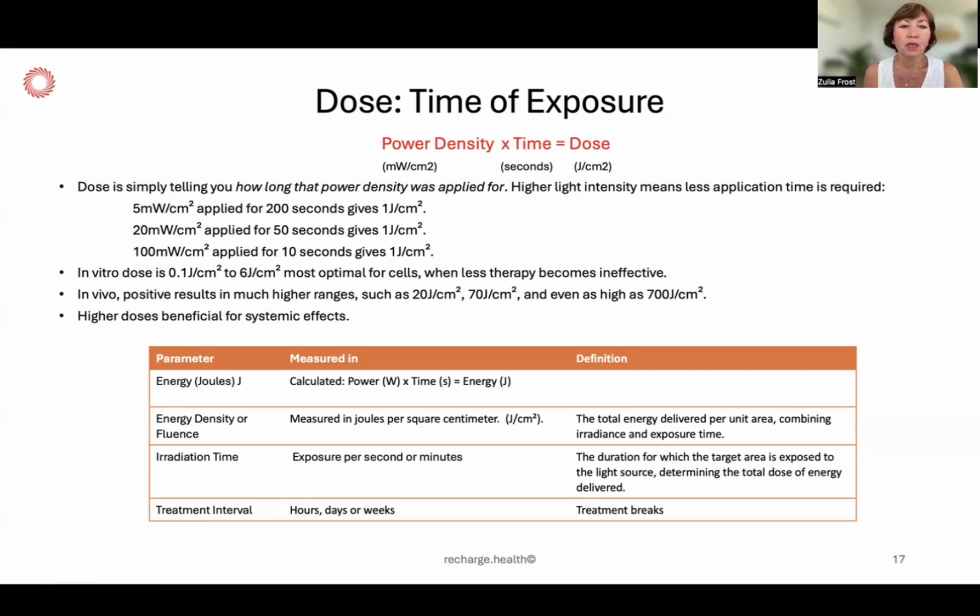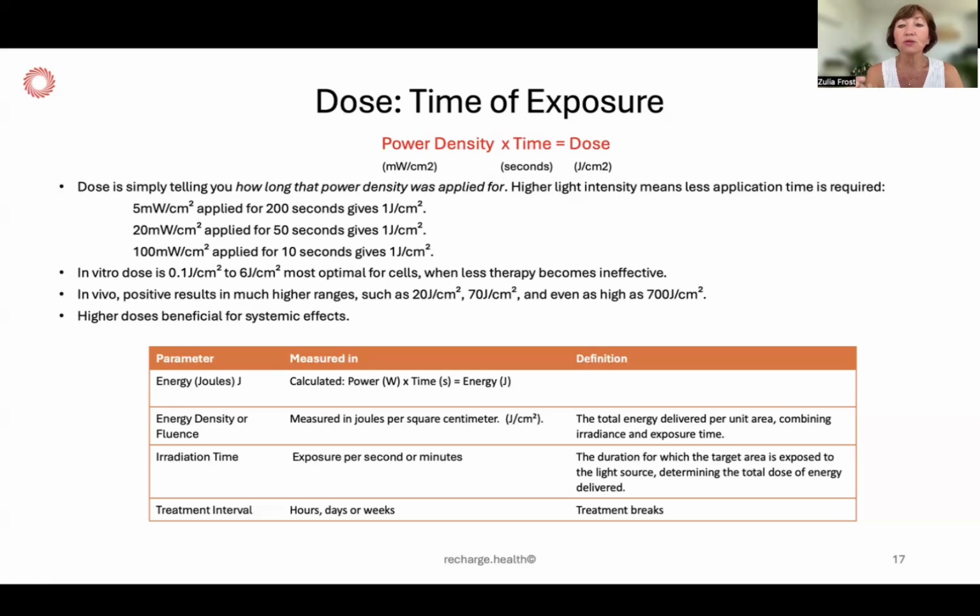So you can actually have a dose with different time frames. For example, if you use it for 1 minute or 10 minutes, there will be a different dose. So dose is simply telling you how long that power density was applied for.